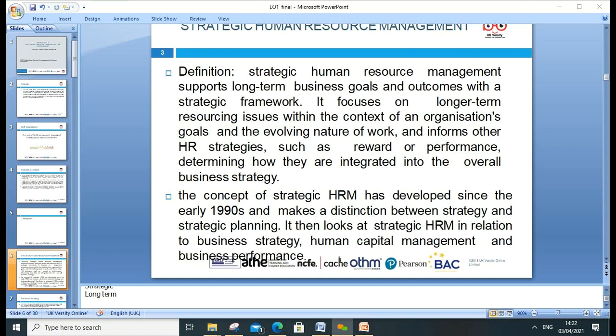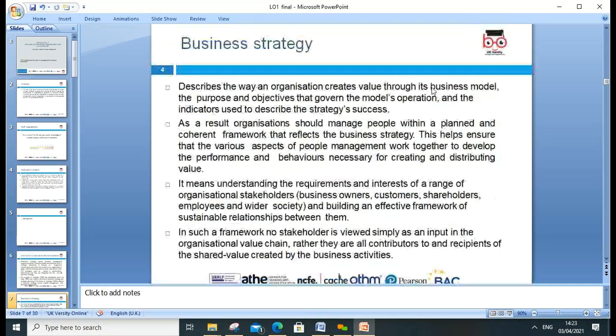Does anyone know what is meant by competencies and capabilities? What is the difference between the two terms, please? Capabilities and competencies, anyone? A couple of you maybe learned with me in another unit as well. What is the key difference? What do you think? Capability is a potential.